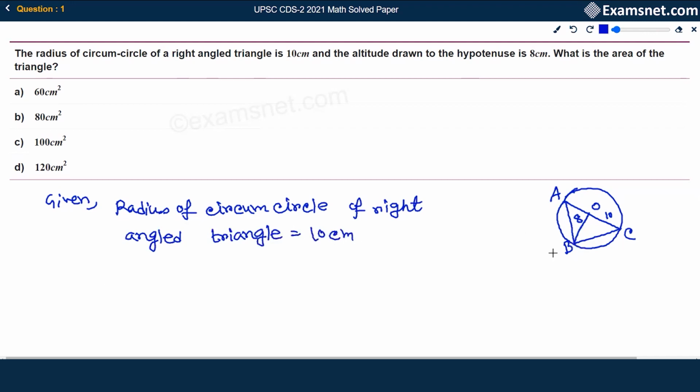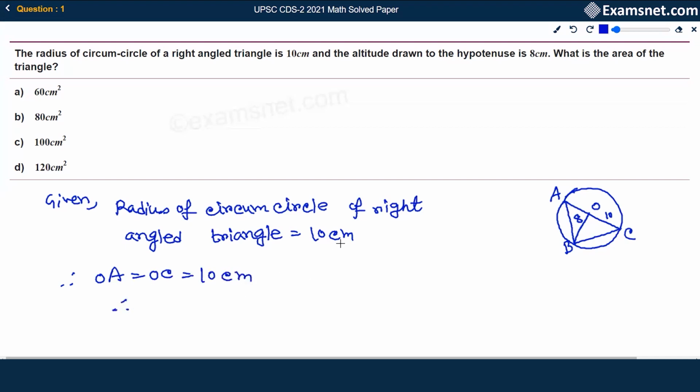Since this is a right angle triangle, OC is the radius, and OA is another radius, correct? Because the center is situated at the midpoint of the hypotenuse. If AC is the hypotenuse and the diameter, that means O is situated at the midpoint of the hypotenuse. Therefore, OA equals OC, that is 10 centimeters.